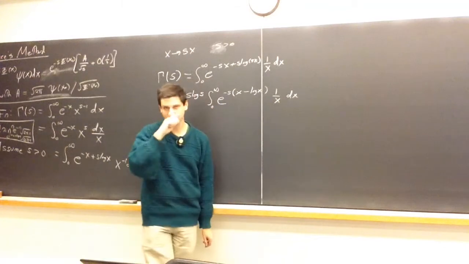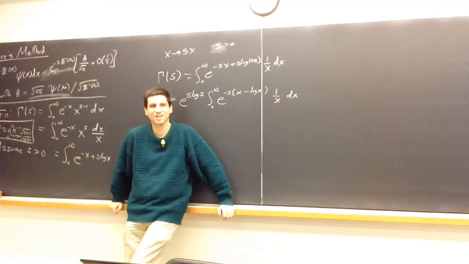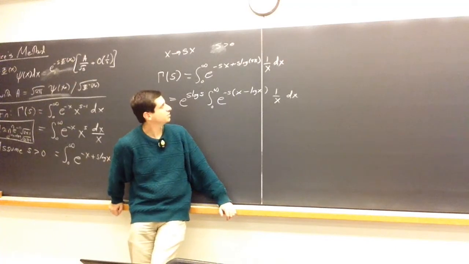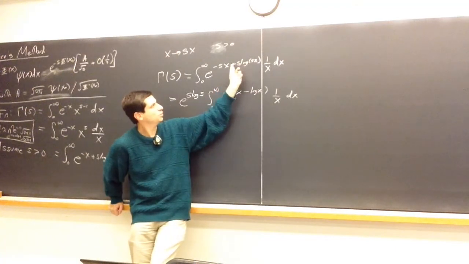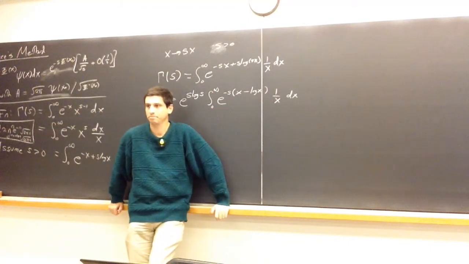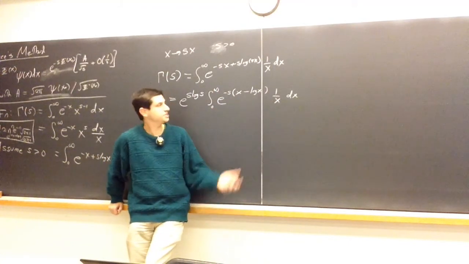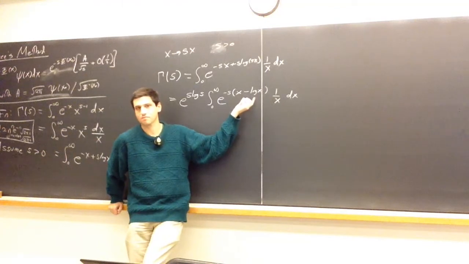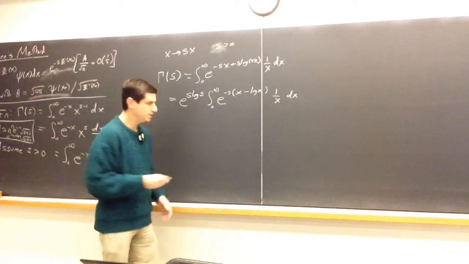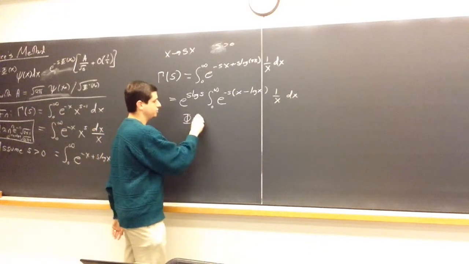So please be watching to make sure I do not make algebra mistakes, or it's going to be a painful lecture. All right, I think I've pulled things out correctly. We've pulled out the s log s. We have an s log x that's going to be with a minus sign. So this is suggesting our function phi. So the calculation is going to be wrong, but let's try, phi of x should be what?